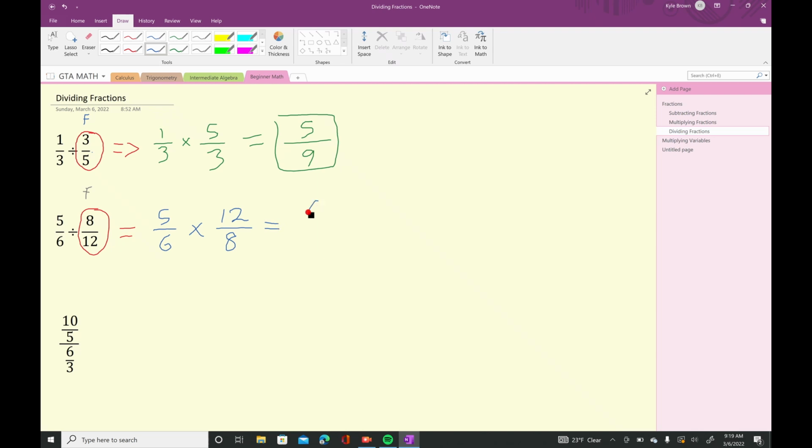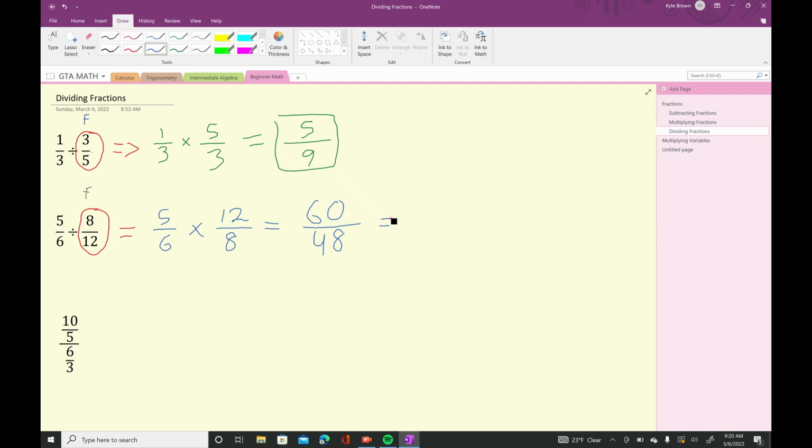So 5 times 12 is 60. 6 times 8 is 48. And now we have to simplify it. When we simplify, I look at 60 over 48 differently. I know that to get to 60, we would have to multiply 2 numbers.